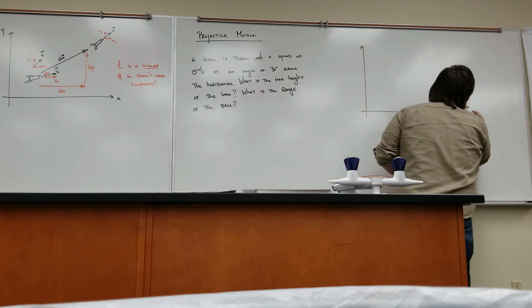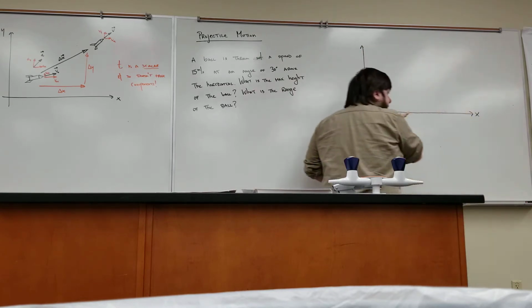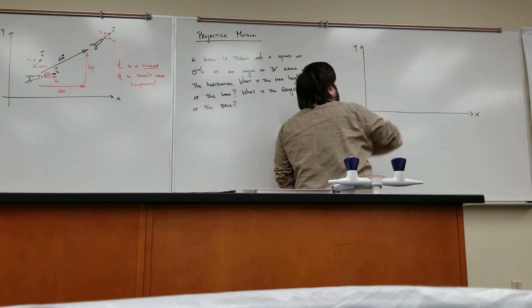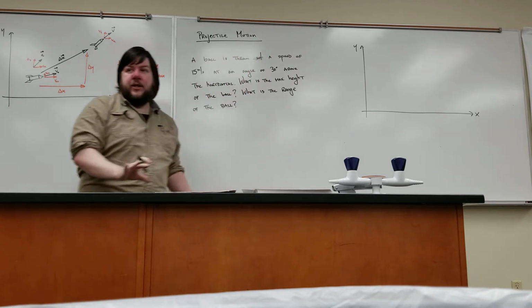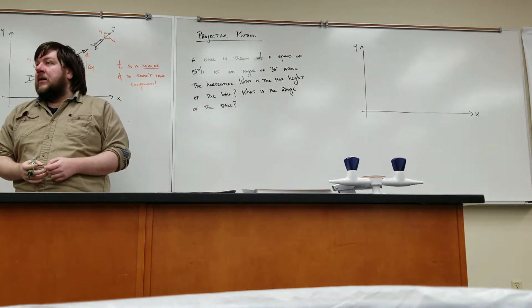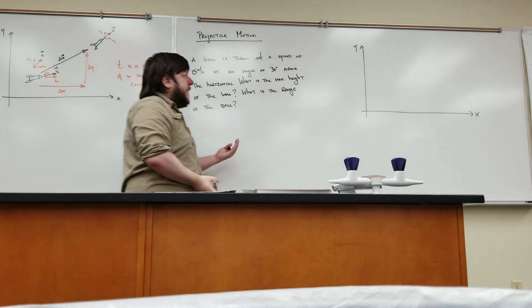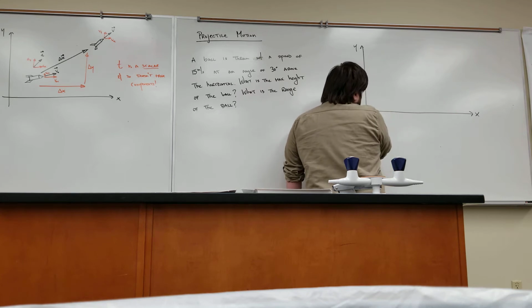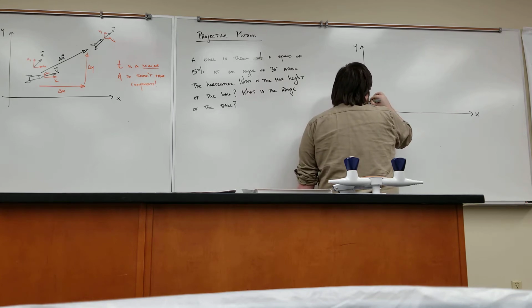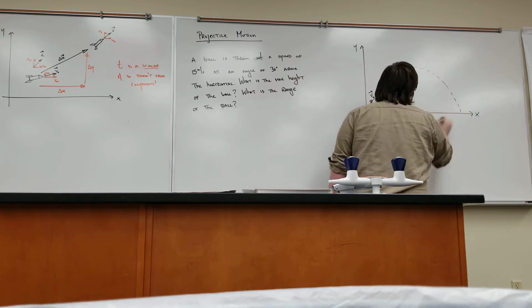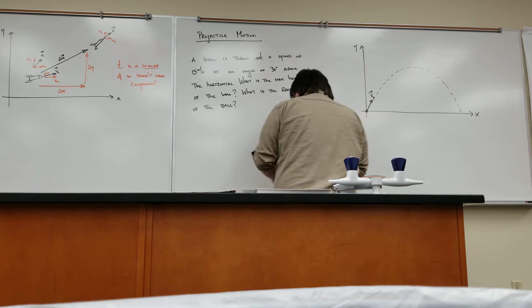Traditionally, we call the positive x direction the forward direction, and the positive y direction the up direction. That's just tradition. You don't have to use those directions, but that's what's commonly used because that's what feels natural. So if you have a projectile with some initial velocity, it's going to undergo a trajectory like this, okay?